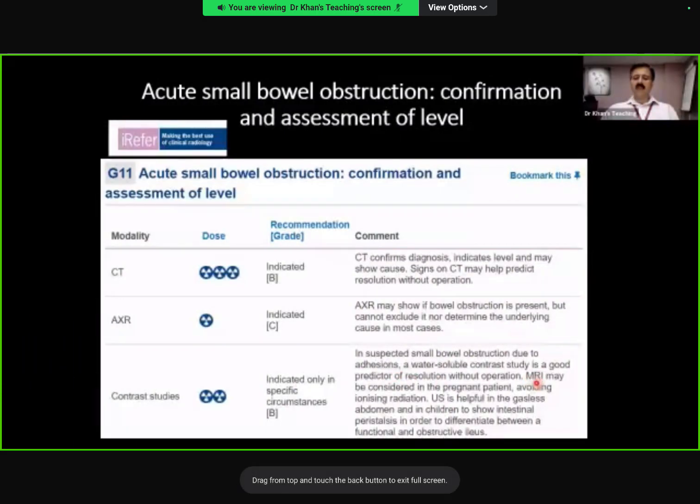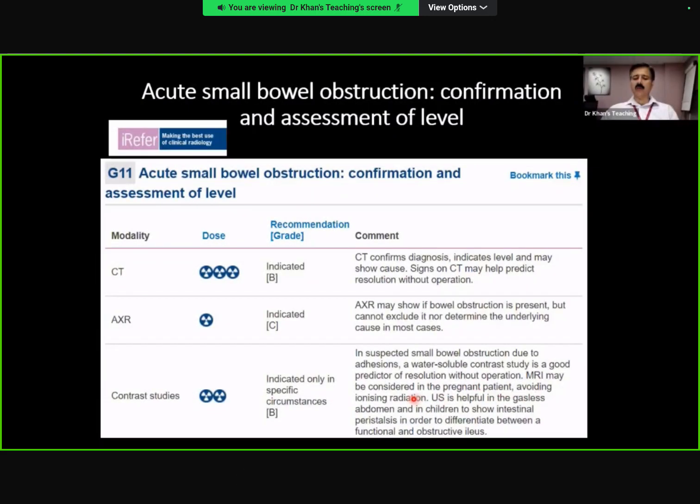Next, MRI may be considered in pregnant women avoiding ionizing radiation. Important concept. Again, can be asked in the exam. Then, ultrasound is helpful in gasless abdomen. So, there are many conditions in which a patient can have a gasless abdomen and have intestinal obstruction.